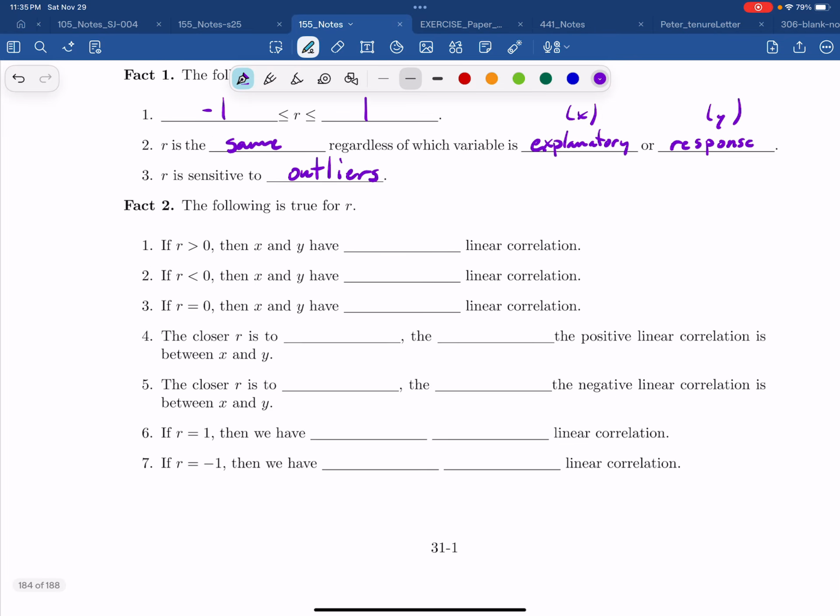Some more facts about R. If R is greater than 0, then x and y have positive linear correlation. If R is negative, then x and y have negative linear correlation. Keep in mind, we're always talking about linear correlation. If x and y do have strong correlation, but in some other shape, like a circle or something, then R would be 0.